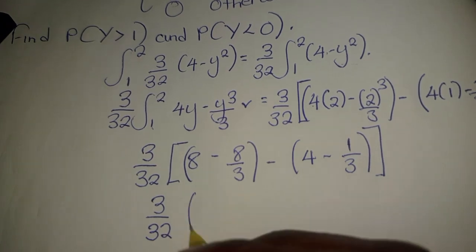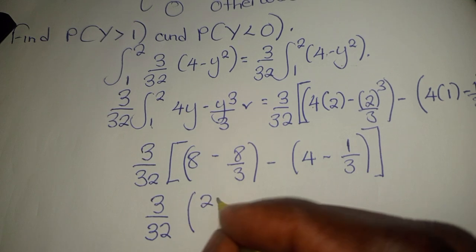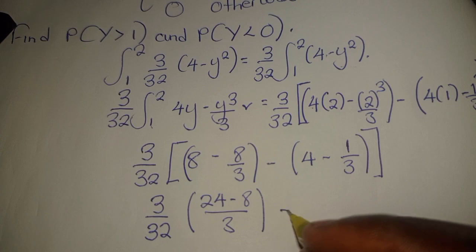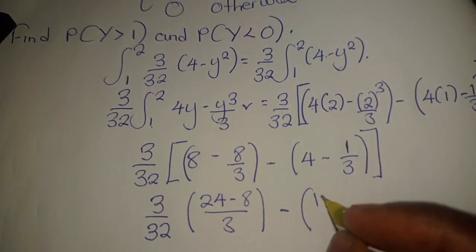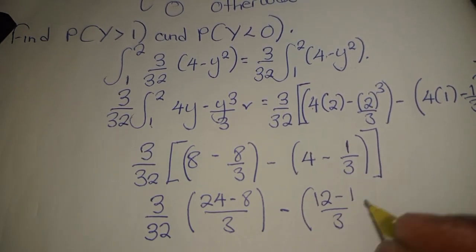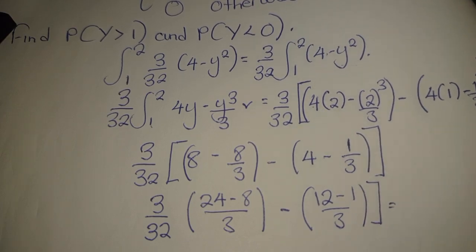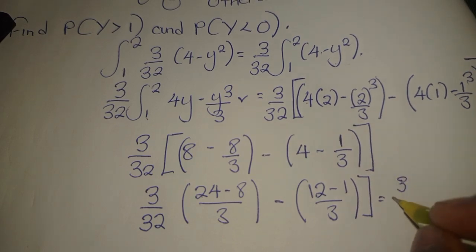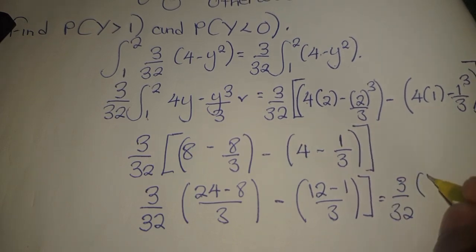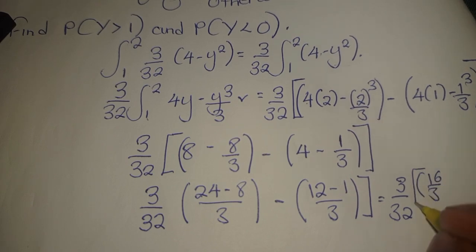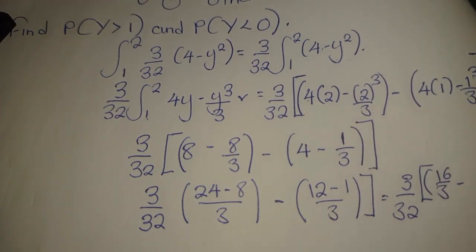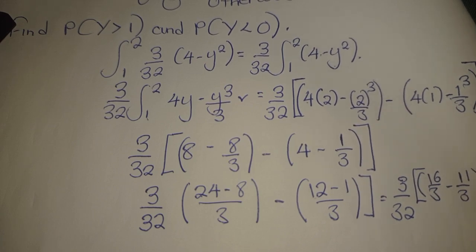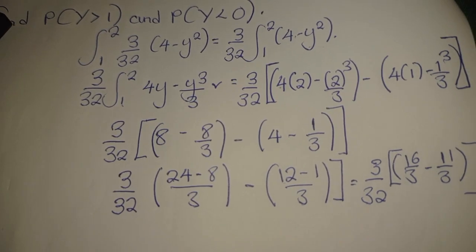Then this here is the same as 24 minus 8 over 3, and also here it is the same as 12 minus 1 over 3. And we know for sure that 24 minus 8 is equal to 16 divided by 3, minus 12 minus 1 is equal to 11 divided by 3. So this is the expression that we have derived.